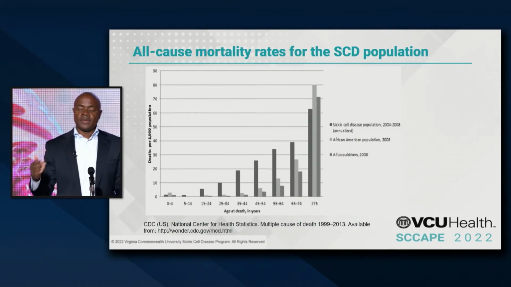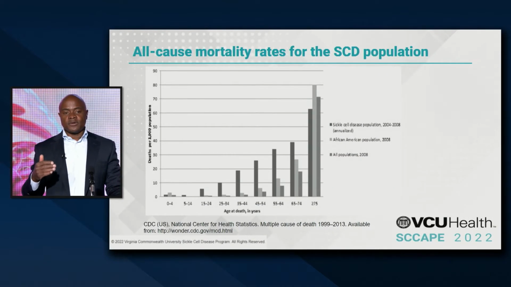Unfortunately, with sickle cell disease, one of the most important burdens is that individuals with sickle cell disease still have a higher mortality rate. So if you look at the dark bar, that is sickle cell disease, then the one in the middle is the African American population as a whole, and then the one after that is the entire US population.